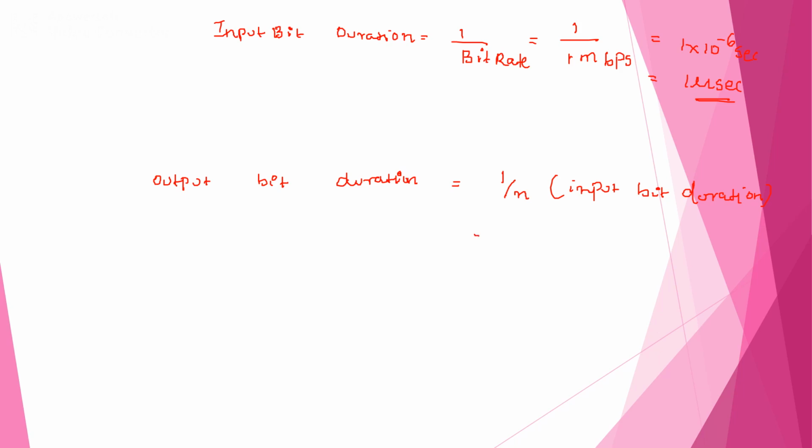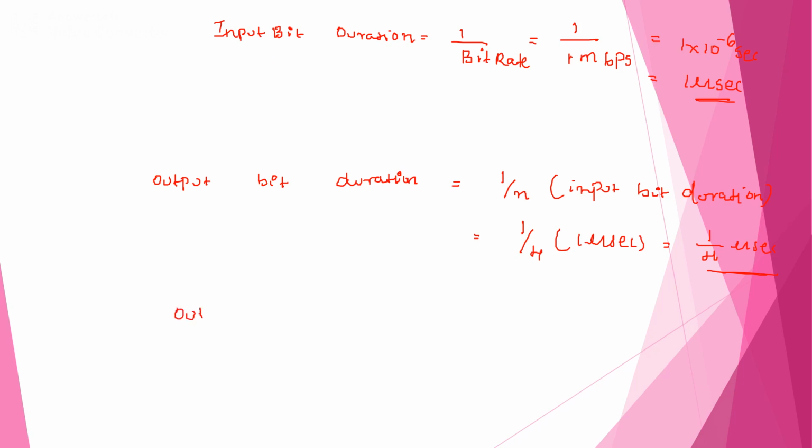In the given problem we are having the value of n as 4, so 1 by 4 times 1 microsecond. So that is equal to 1 by 4 microseconds.